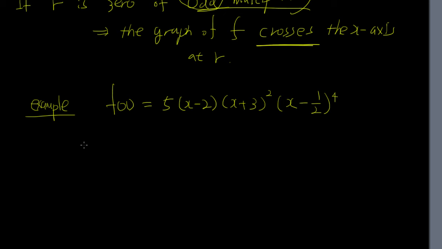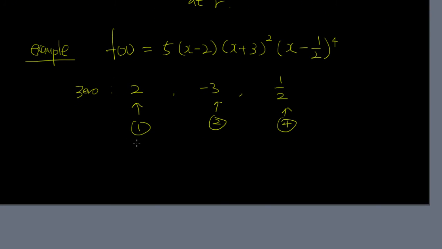So we have zeros as 2, negative 3, and 1/2. What was the multiplicity of this? 1. What about this? 2. What about this? 4. Meaning what? This will cross, this will touch, touch.